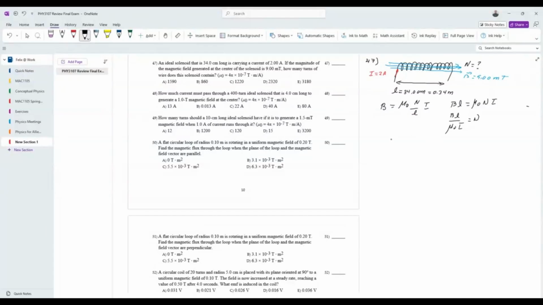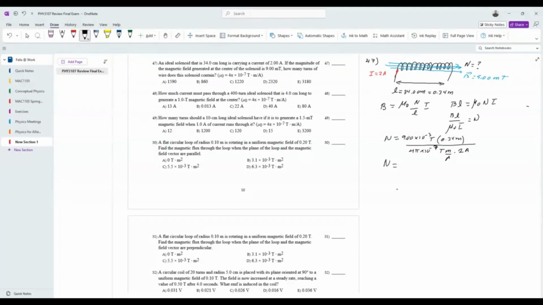So the number of turns of this solenoid is: 9 millitesla is 9.00 times 10 to the negative 3 Tesla, the length 0.34 meters, over mu sub 0, 4 pi times 10 to the negative 7 Tesla meters per ampere, times the current, that is 2 amperes.